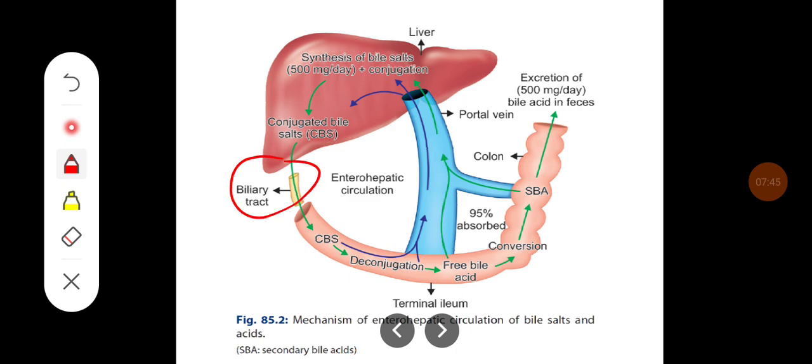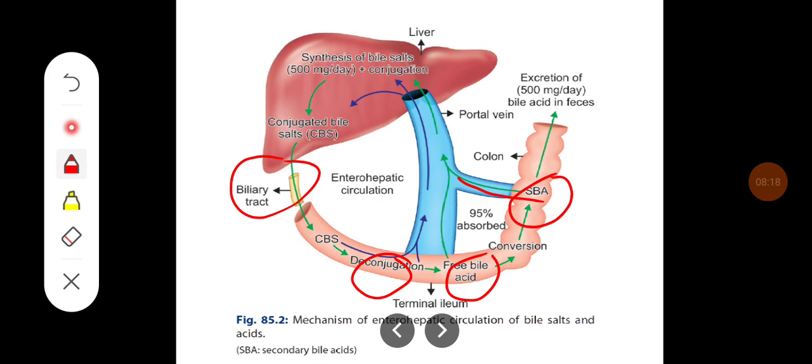This conjugated bile is deconjugated, and the bile acids enter into the portal circulation. Some free bile acids, under the influence of bacteria, get converted into secondary bile acids, and some of them are reabsorbed into the portal circulation.